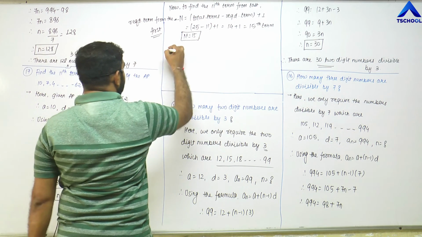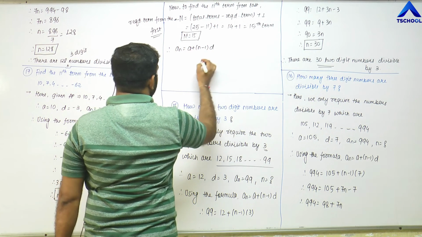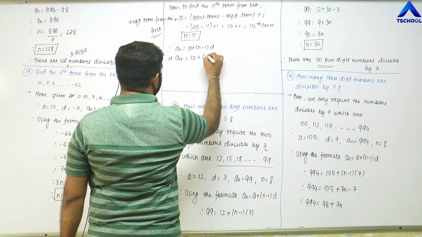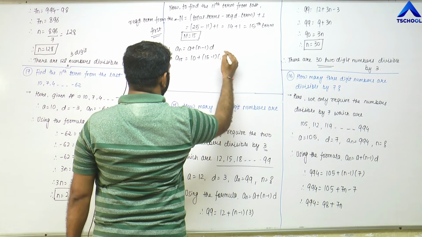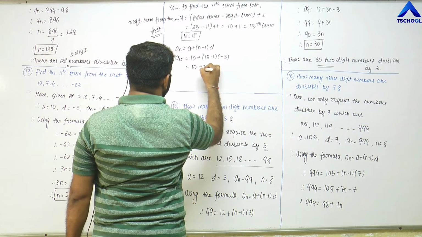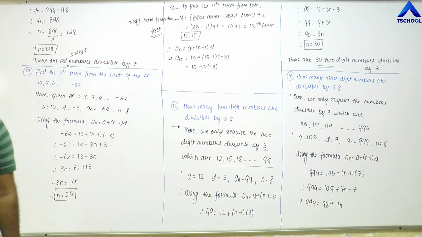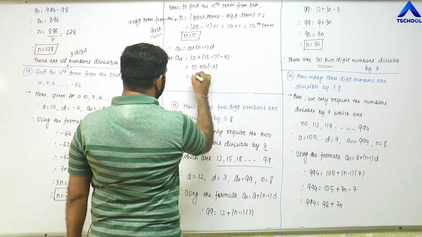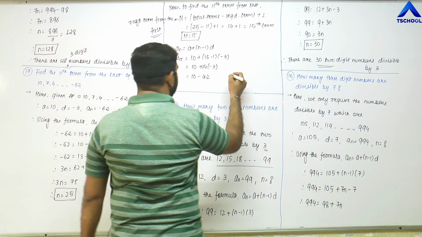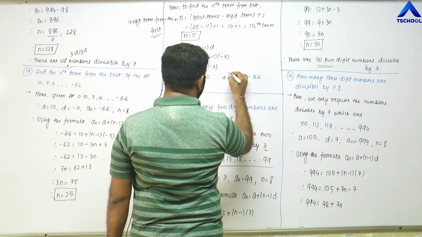Now we got n equals 15 and we shall find the 15th term from the first. Therefore again using an equals a plus n minus 1 into d, a15 equals 10 plus 15 minus 1 into minus 3, that is 10 plus 14 into minus 3. 14 into minus 3 is minus 42, so 10 minus 42, that is a15 equals minus 32.